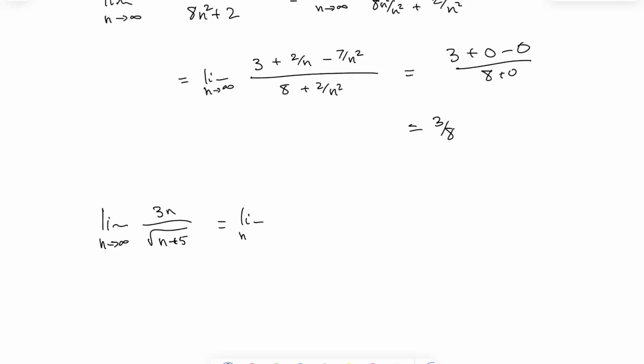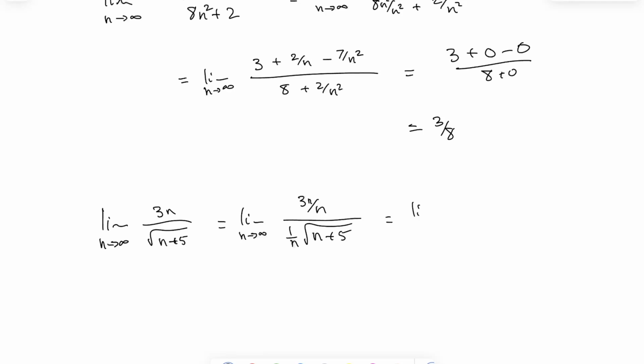So this is going to be 3n over n, which will be 3 up top. And then downstairs, you have to think a little bit about how this will interact with the square root. I just put 1 over n on the top and on the bottom. And now, in order to cancel on the bottom, I'm going to push the 1 over n inside of the square root, but that will turn it into a 1 over n squared.